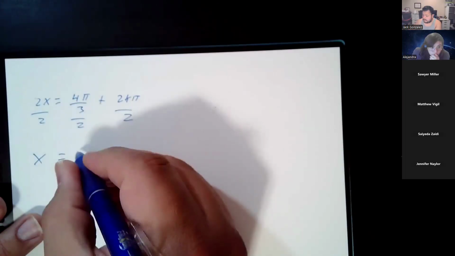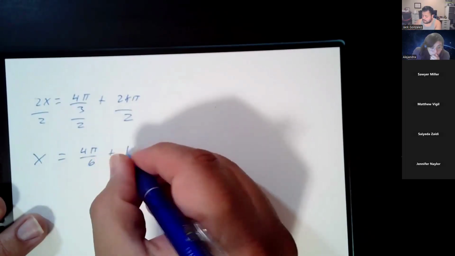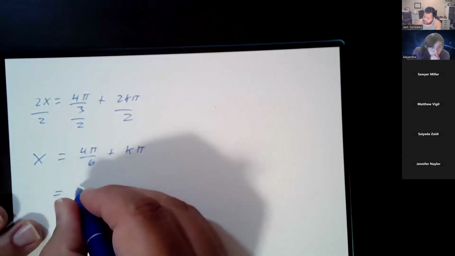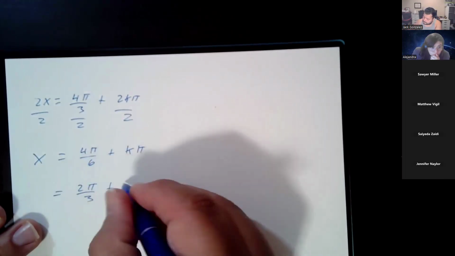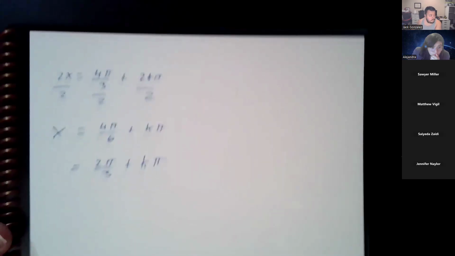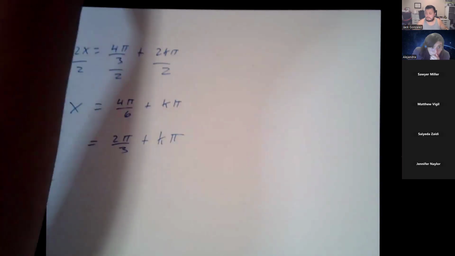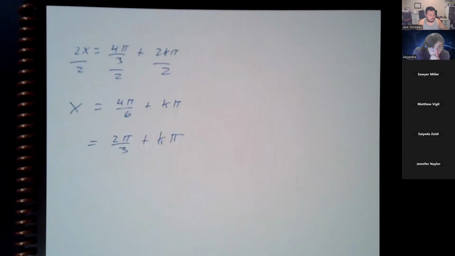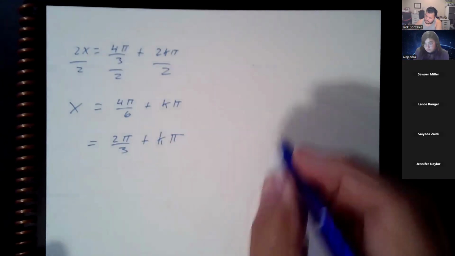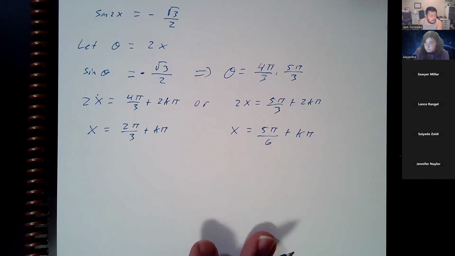So we could say this is 4 pi 6, and then these reduce to 2 pi thirds. Does that make sense? Yes, sir. Okay.